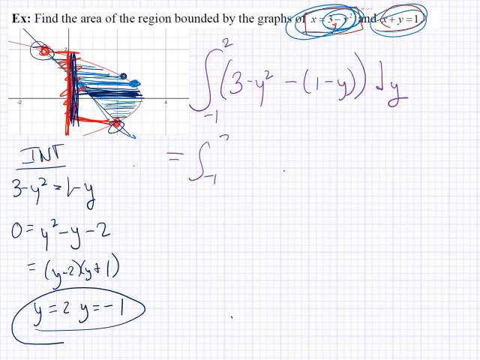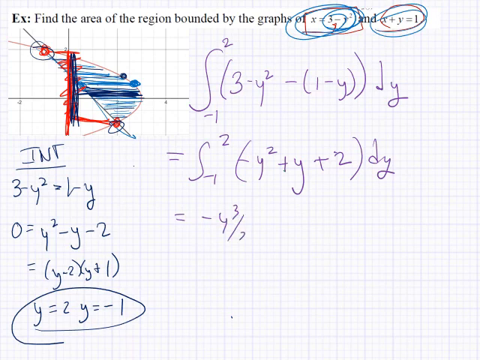So we got negative 1 to 2. We got minus y squared, plus y, plus, try one more time, plus y, what was it, minus 2? Or plus 2, plus 2, okay, and dy. And so we get negative y cubed over 3 plus y squared over 2 plus 2y between negative 1 and 2.